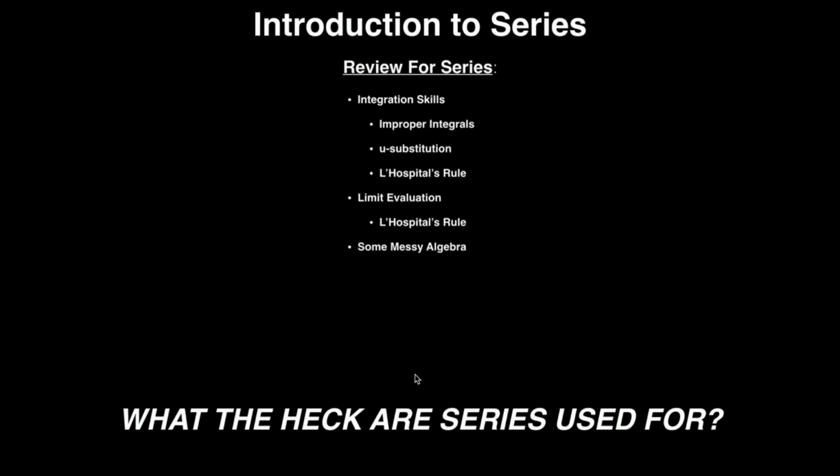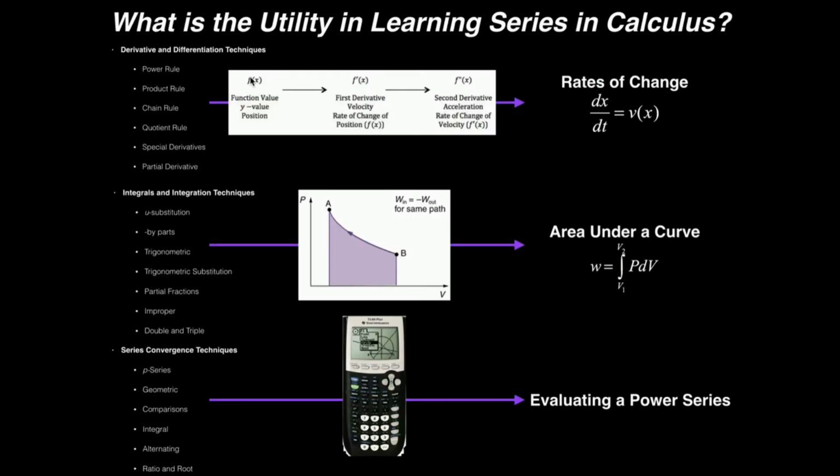You start off with differential calculus, where you have all these derivative and differentiation techniques: power rule, product rule, chain rule, quotient rule, all these special derivatives like exponential and log functions. You even get into partial derivatives later on, which you probably haven't done at this point. But derivatives are still very important. They calculate rates of change. They're used in physics.